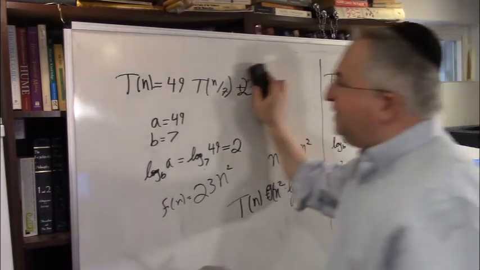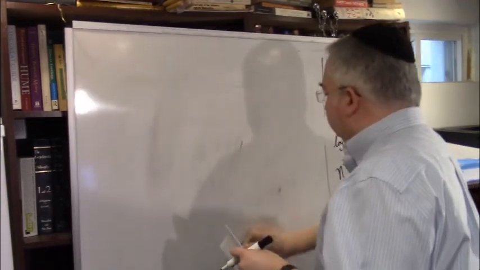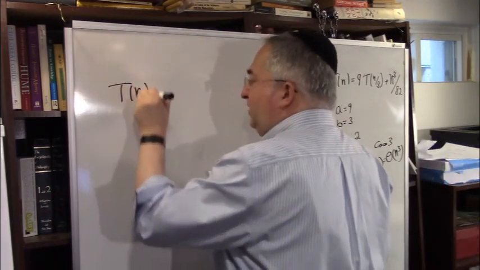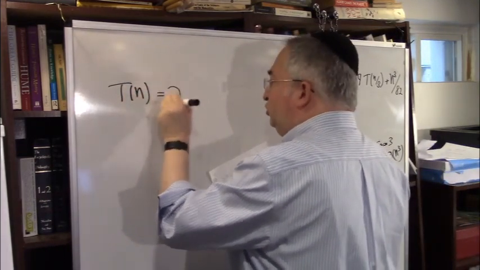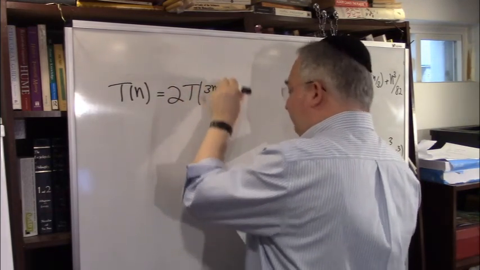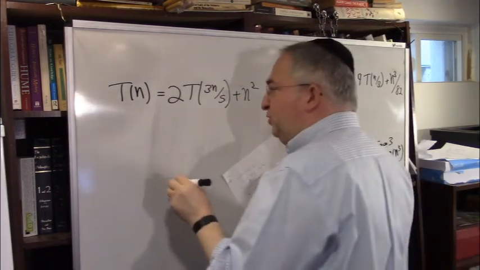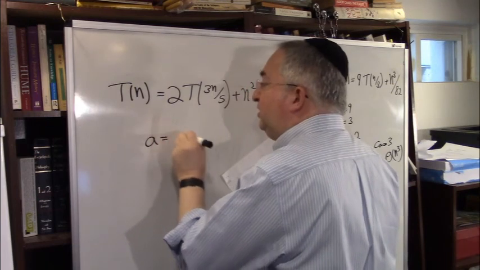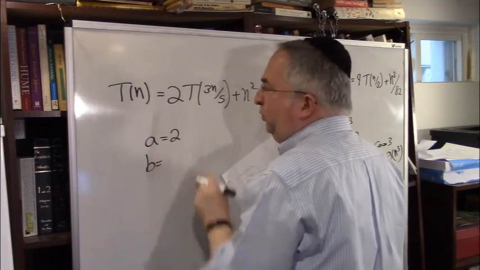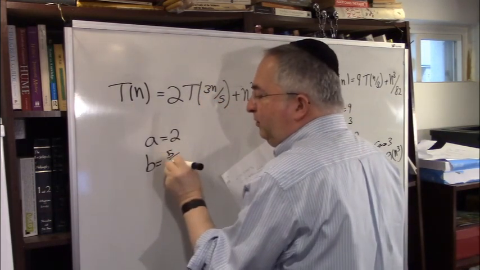Okay, one more example, just for completeness. T of n is equal to 2 times T of 3n over 5 plus n squared. The only reason I'm doing this example is to calculate the b. A is equal to 2, b is equal to, not 3 over 5, but 5 over 3.